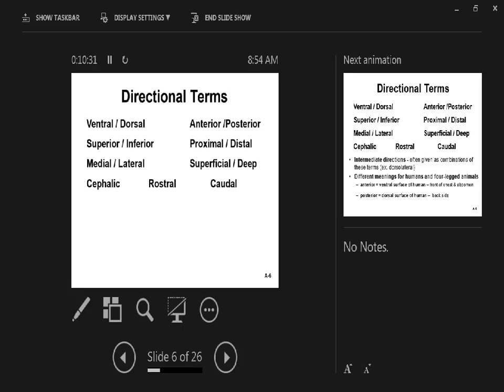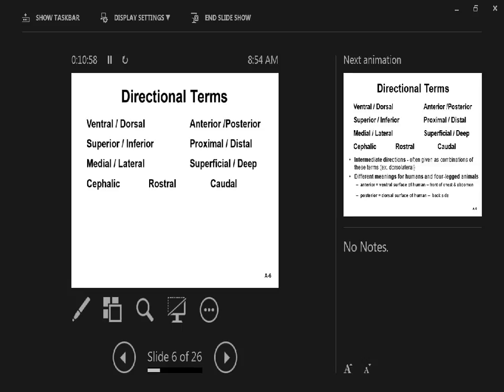Ventral means what? On page 31, towards the front. The belly. Where's your belly? Right here. Everything on the front of your body is considered ventral, okay? Now, look at dorsal. Dorsal means everything back here, and this is your spine.